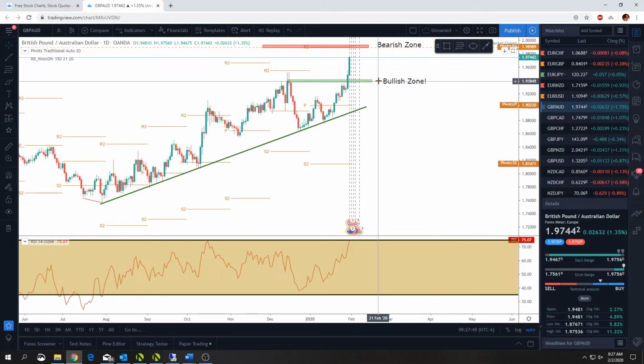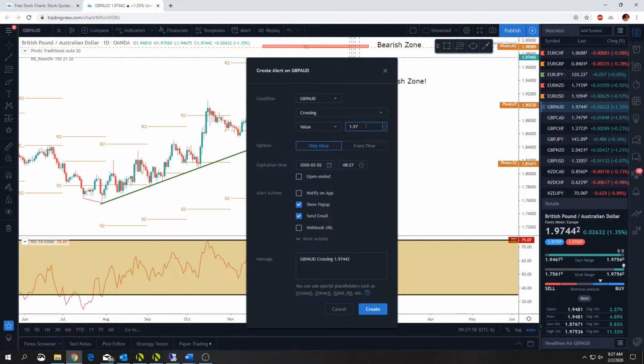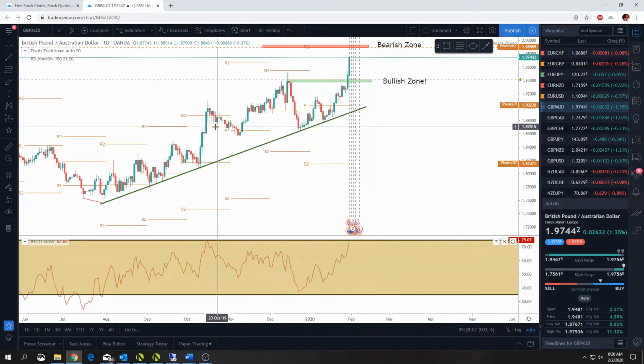I also want to see if we get a pullback down to this former resistance. So I'm going to put an alert at 94102, and we'll be looking to buy. Bam. All right. So we got this pair figured out.